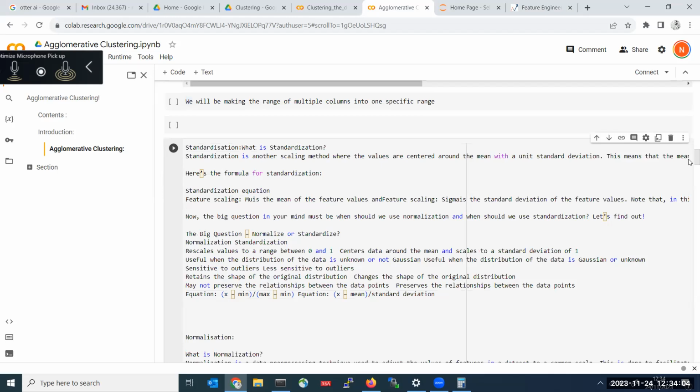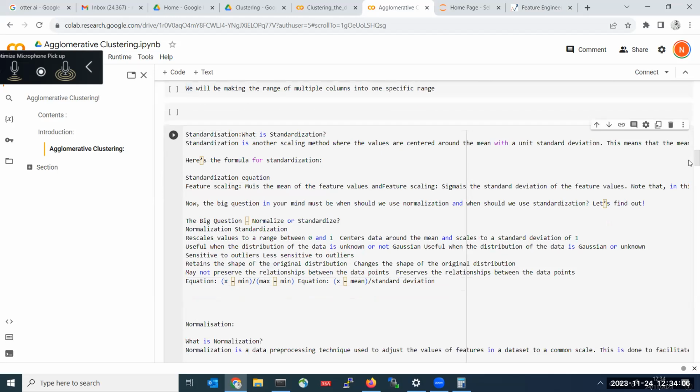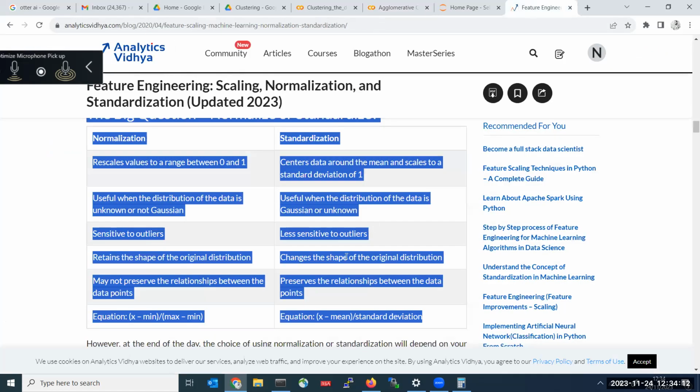The formula for standardization is nothing but x minus mean divided by standard deviation. So here the equation is x minus minimum divided by maximum minus minimum. Normalization will rescale values to the range between 0 and 1. Standardization centers data around the mean and scales to a standard deviation of 1.